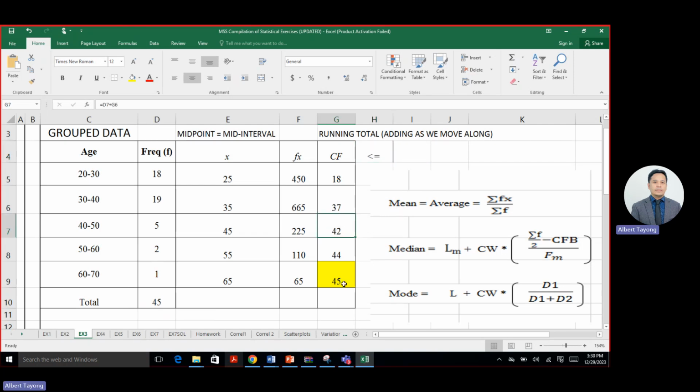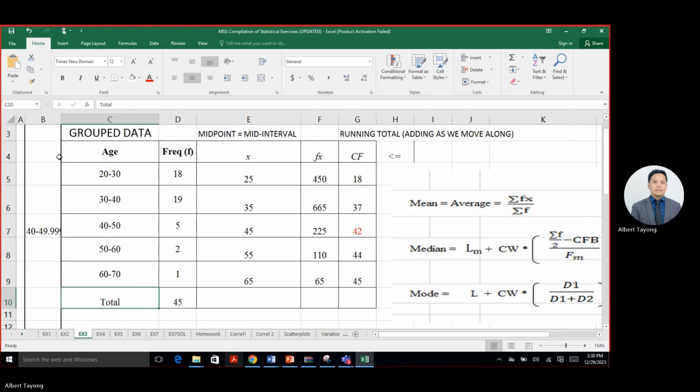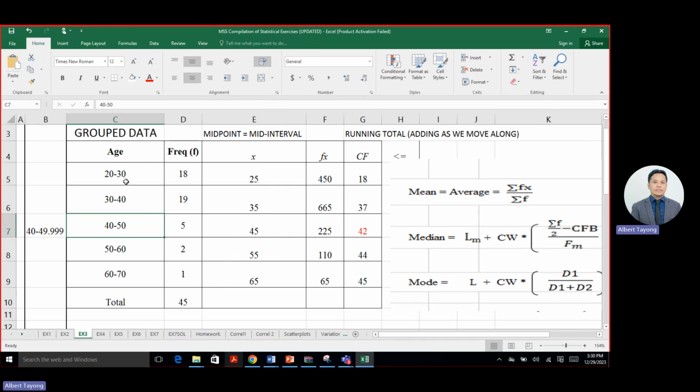If we take 42, for example, what is the meaning of this? 42 means this is the value from this upper bound until the lowest bound. So that means less than or equal to 50. But since this is actually from 40 to 49.999, this value here is like from 20 to 49.999.